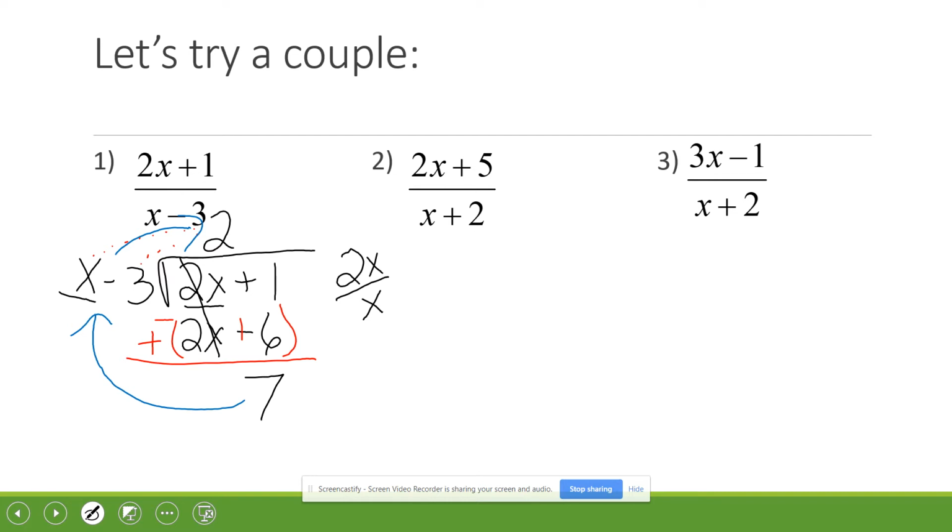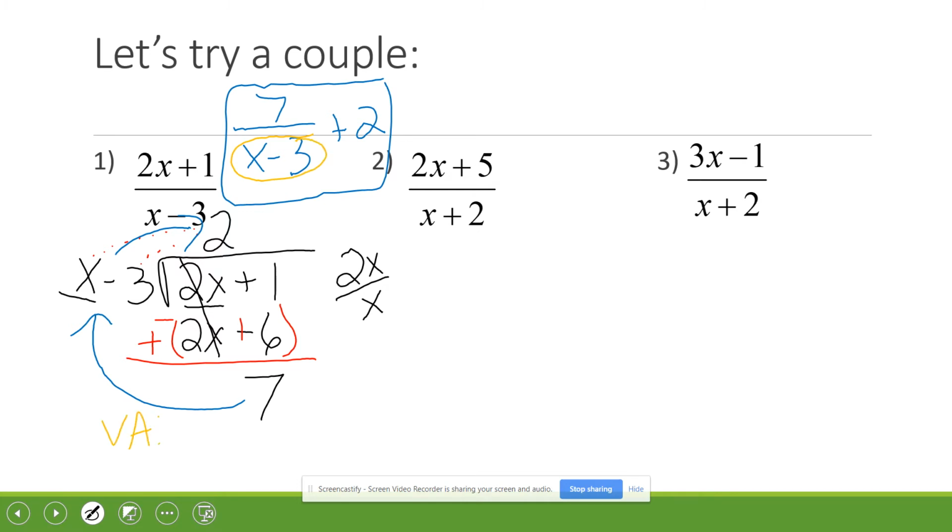So our equation is 7 over x minus 3 plus 2. From here, we know this gives us that our vertical asymptote is at x equals positive 3. And then this plus 2 here says our horizontal asymptote is at y equals 2.